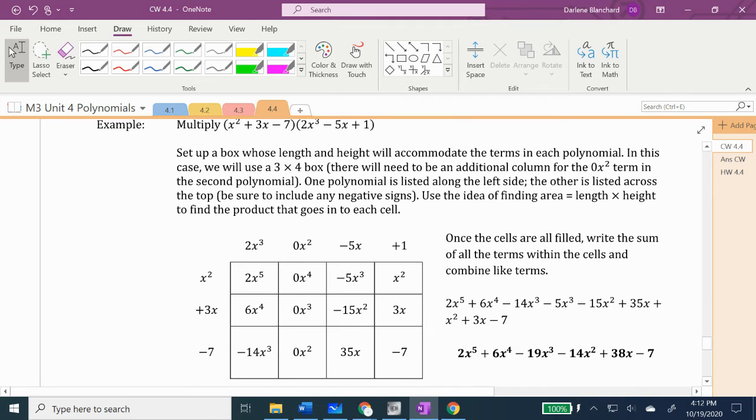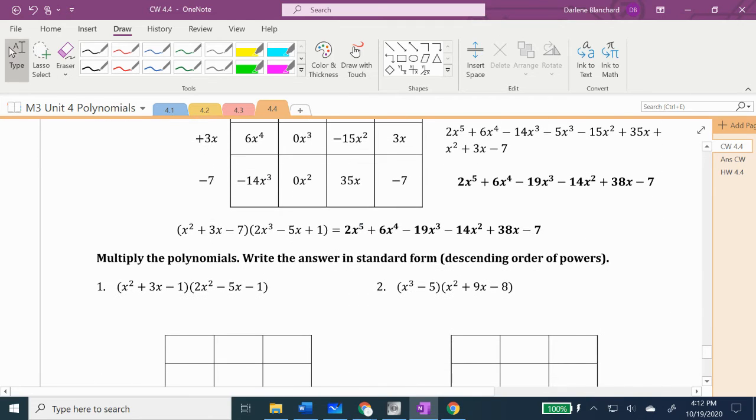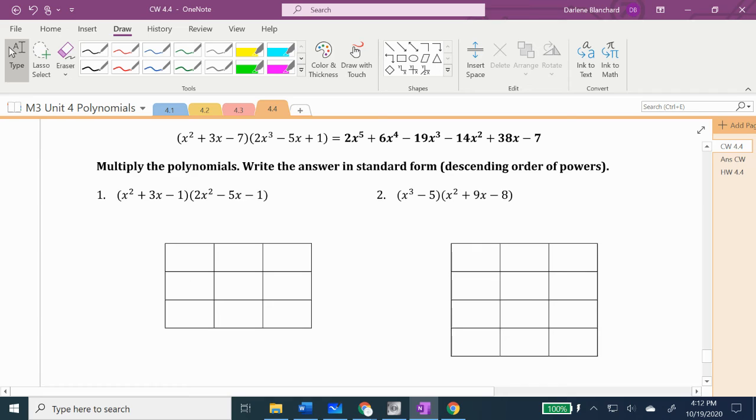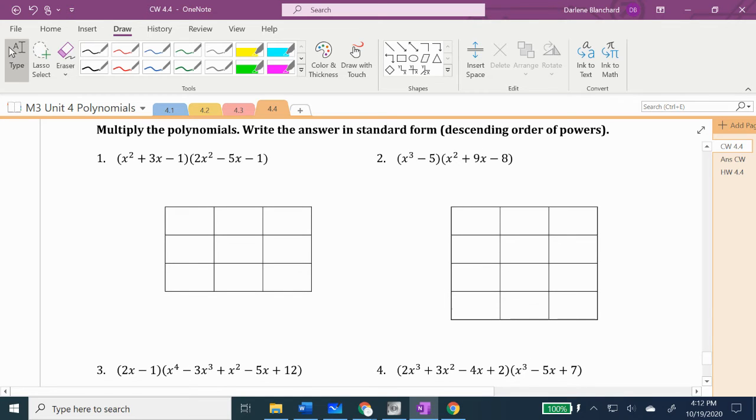Now, I didn't get to the point of talking about multiplication, and you may already know how to do multiplication, but I will go through these examples and show you. I have x squared plus 3x minus 1 multiplied by 2x squared minus 5x minus 1.